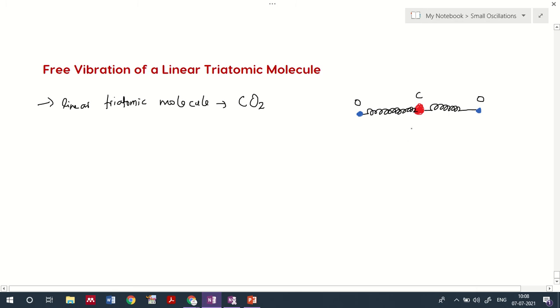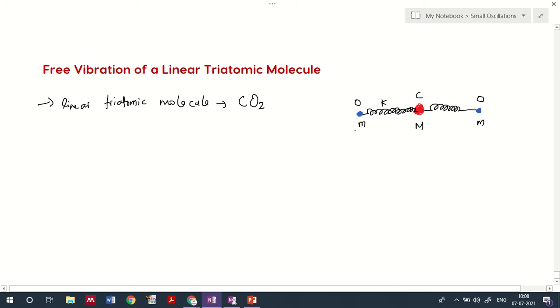Now we know that the mass of oxygen I represent as small m, and for carbon I keep it as capital M. And again this part is small m. And the spring constant of the spring is represented as K.